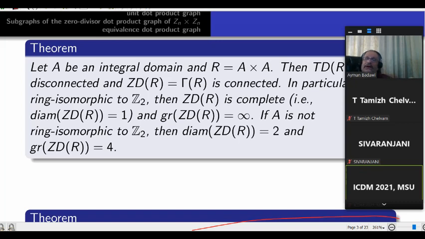Okay? And for the diameter, first you need to know what we mean by distance. The distance between two vertices is the minimum number of edges we need to go from A to B. And the diameter is the maximum of all distances. Okay.